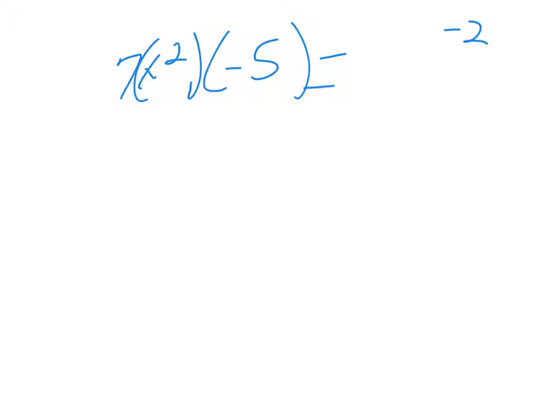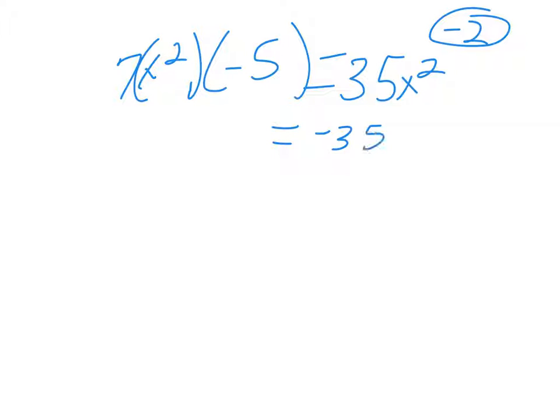So in another example, we have 7 times x squared times negative 5, which equals negative 35 x squared. And then we have to replace the x squared. So we end up with negative 35 times this negative 2 squared.